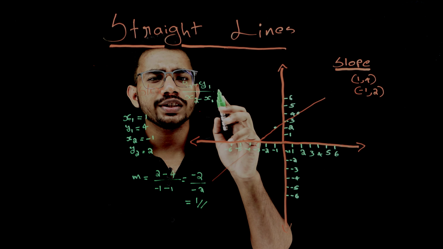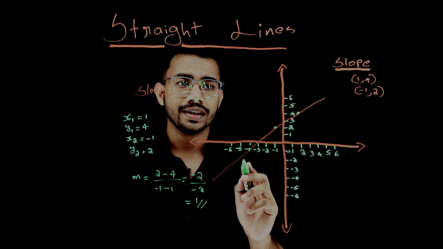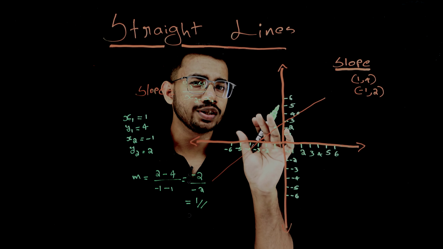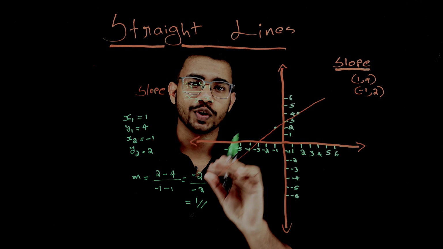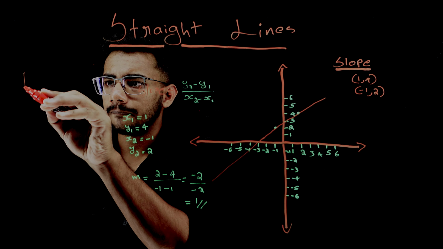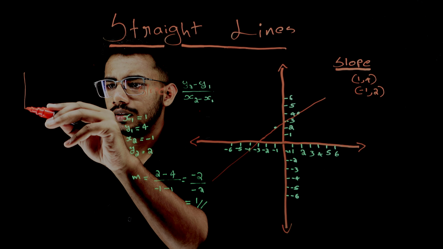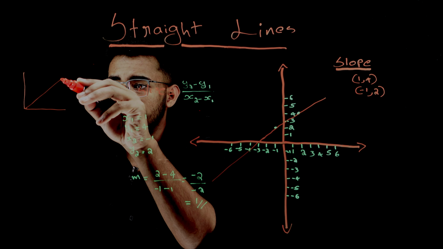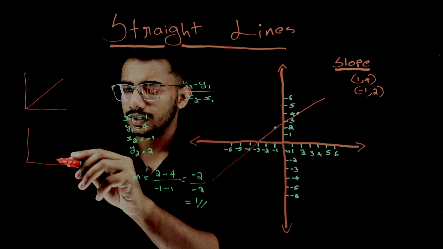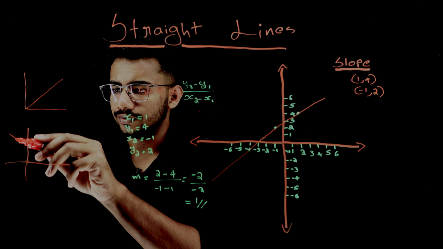Without even using this equation, we can find out whether a given line is having a positive slope or a negative slope. The only thing you have to look at is the orientation of the line. Let's say I'm having a line like this. It is leaning towards the right side. And in the second case, let's extend it. It's leaning towards the left side like this.